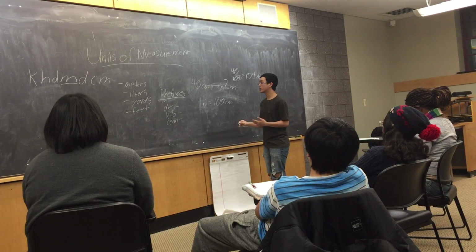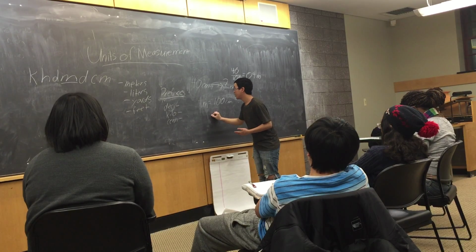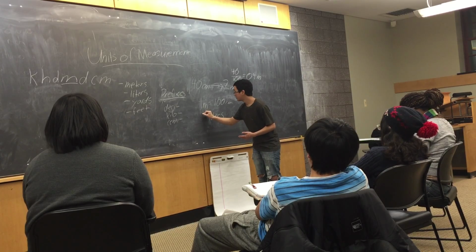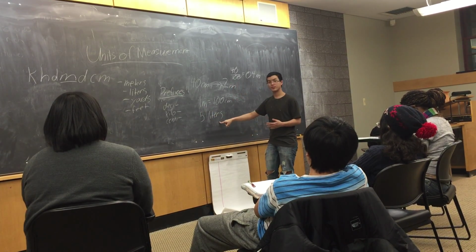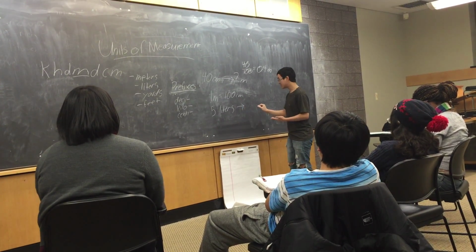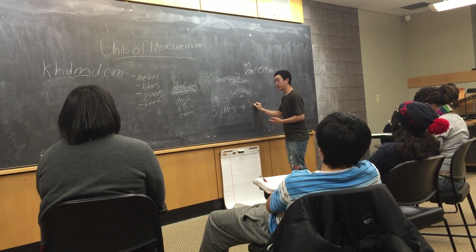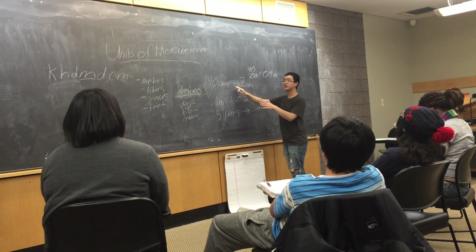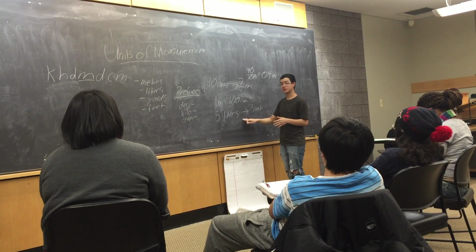If we wanted to go from something like liters, say I had 5 liters, and I wanted to change it to centiliters, how would I do this? I would do something similar to what I did up here, but I would do the reverse.